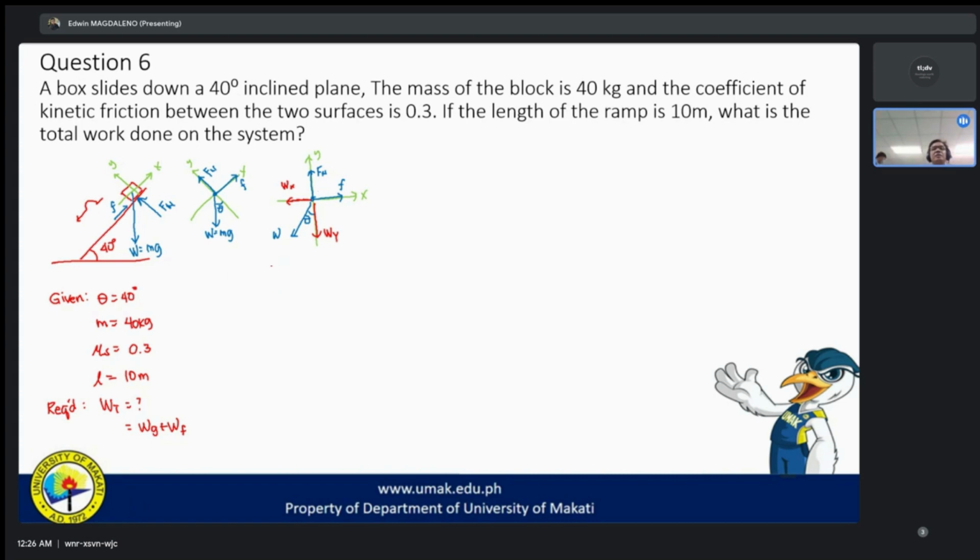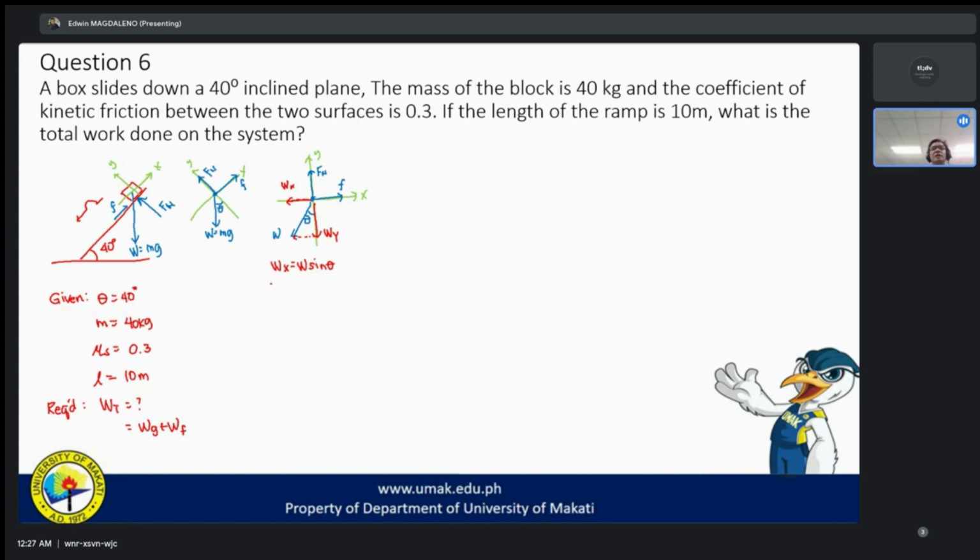Now wx from the diagram can be transposed on this side, so it's the same length, the same magnitude as wx from the origin. Parehas din siya dito, so same length siya, so same magnitude. So wx is opposite theta, so that means wx should be derived from the sine of theta since opposite siya. So wx should be w sine of theta.